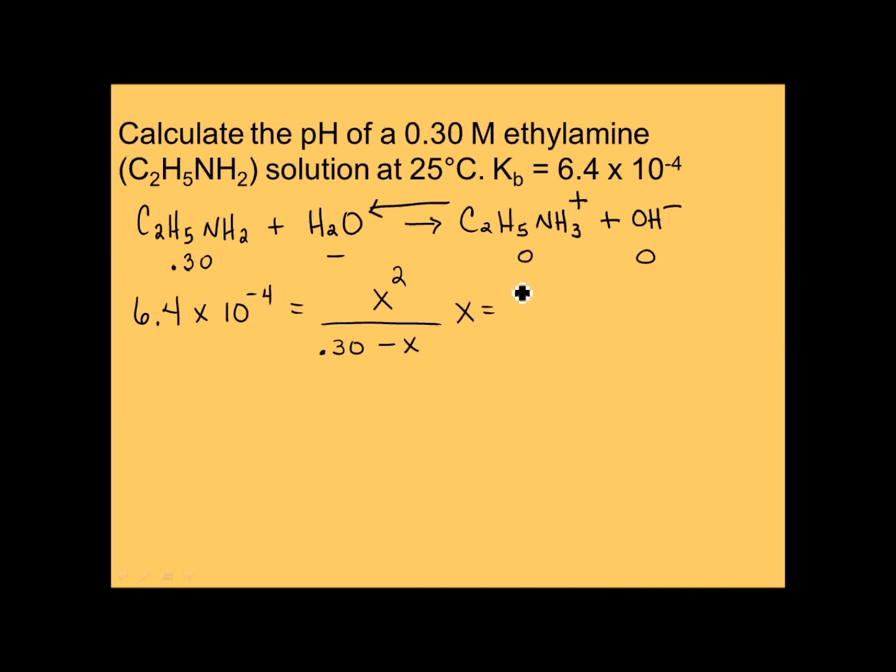My X that I'm finding is the hydroxide ion, not the hydronium. Always be careful with bases. Make sure you know which ion you're dealing with. Number one error with students: they find X, they take the negative log of it, think that's pH, and it's not. This is pOH then. And then pH is 14 minus that.